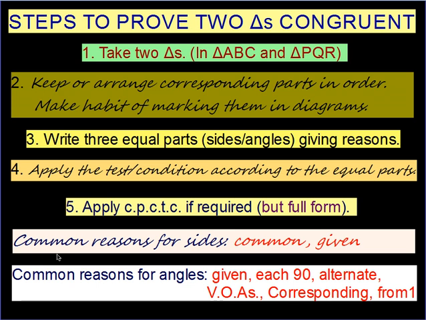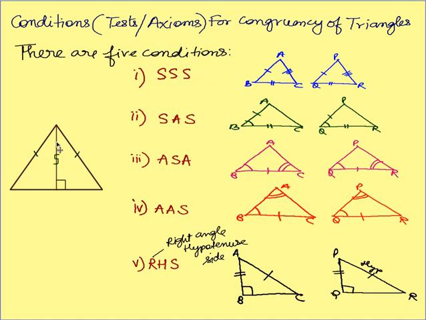Now when we come to the common reasons for sides, we have common or given. Like I solved here one question for you. I said this side is common in both, and these two sides were given. So for sides we generally have the reasons common or given, or sometimes the side of a square, side of an equilateral triangle.